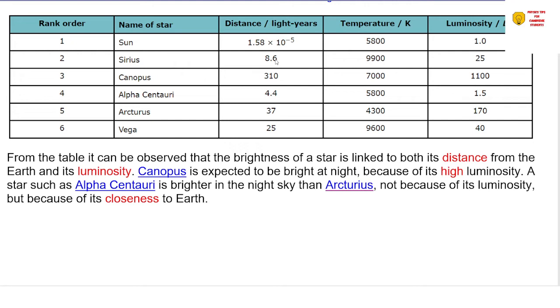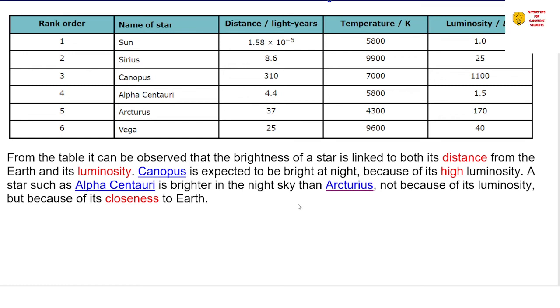Where the distance is large, the luminosity is also increasing. But there is also the fact that the temperature has something to do with this, which we're going to study a little later. But for now, you just have to know that the brightness of the star is linked to the distance from the Earth and its luminosity.